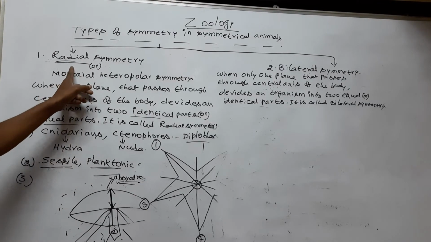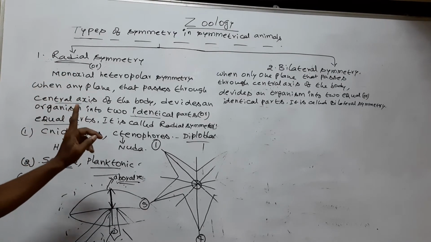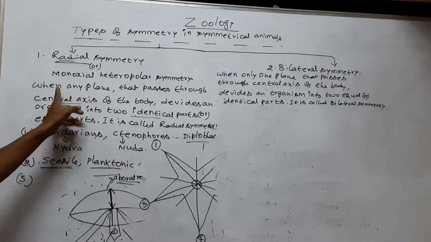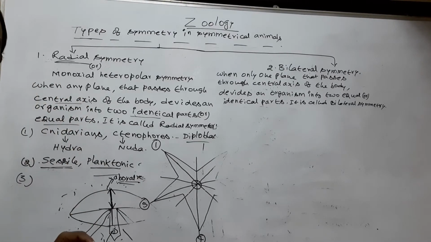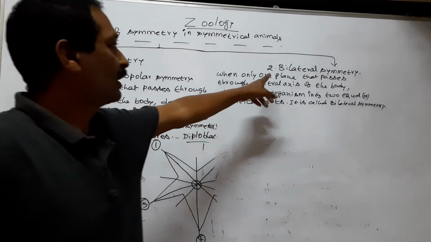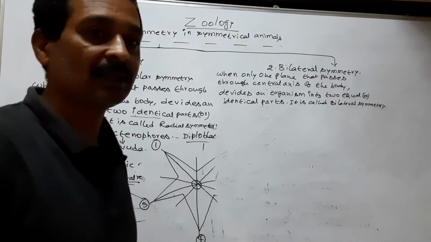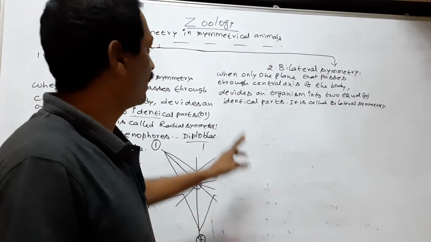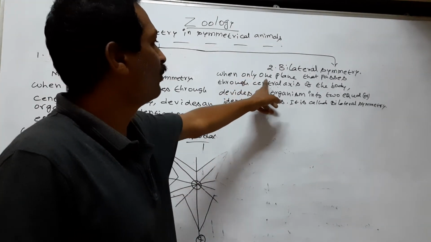In radial symmetry, animals can be cut into two equal parts through more than one plane. But the animals which exhibit bilateral symmetry can be cut into two equal parts through only one plane.